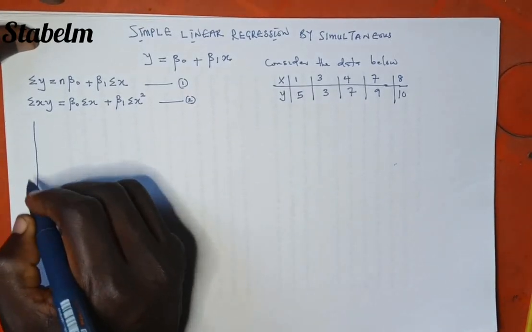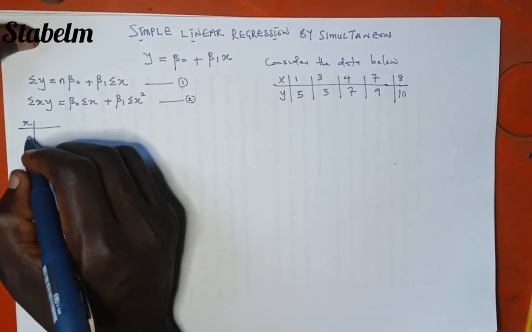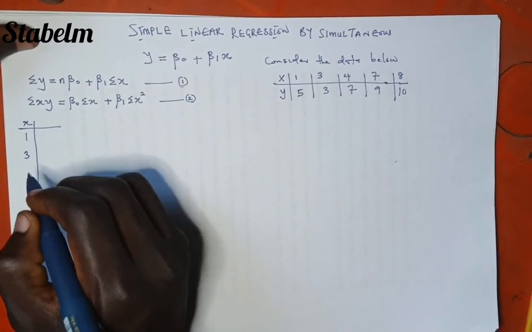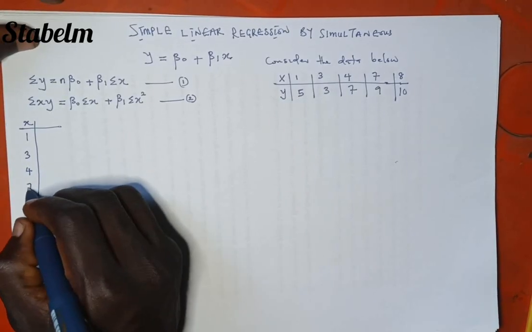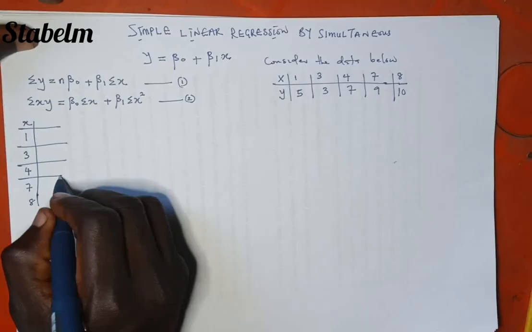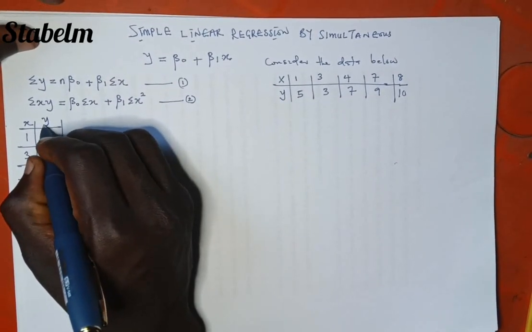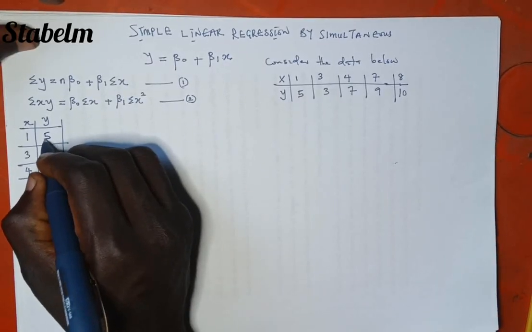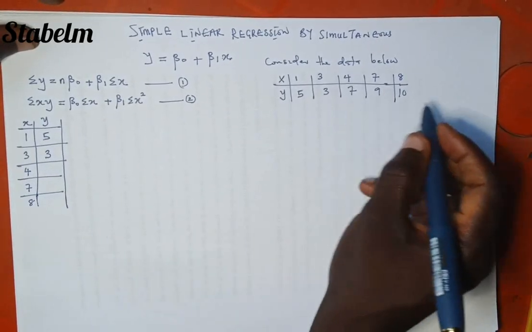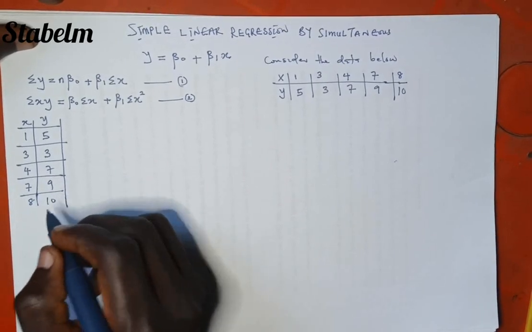So yeah, this is our x, which is 1, 3, 4, 7, 8. And we have y, which is 5, 3, 7, 9, 10.